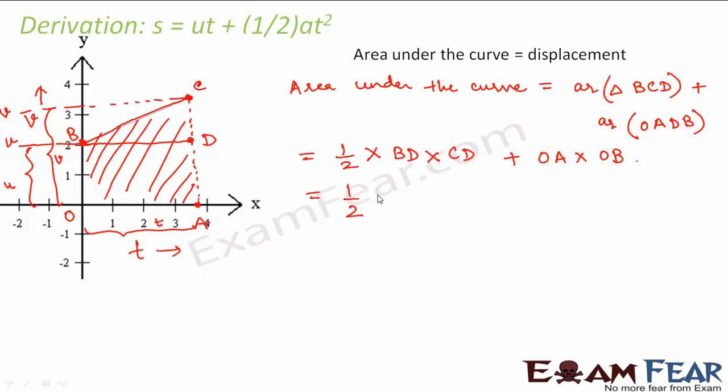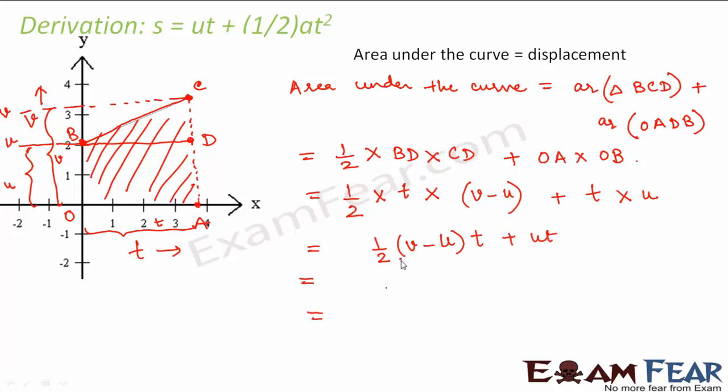So in this case, half into BD. What is BD? BD is nothing but t. CD. What is CD? CD is nothing but v minus u. Plus OA. OA is again t into OB. OB is again u. So this is equal to half into v minus u into t plus ut.